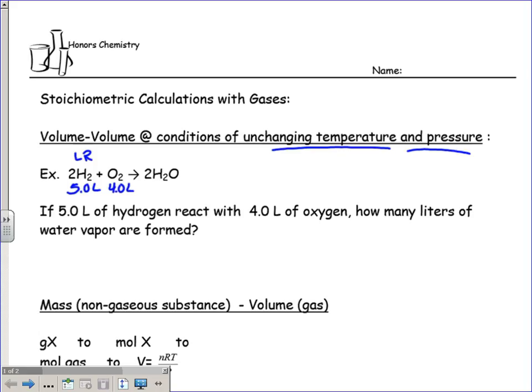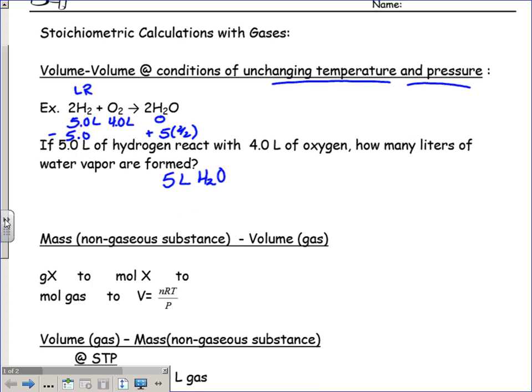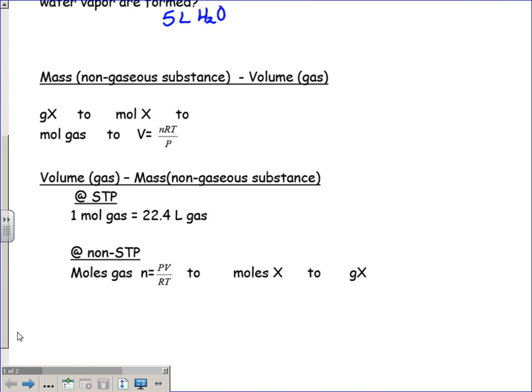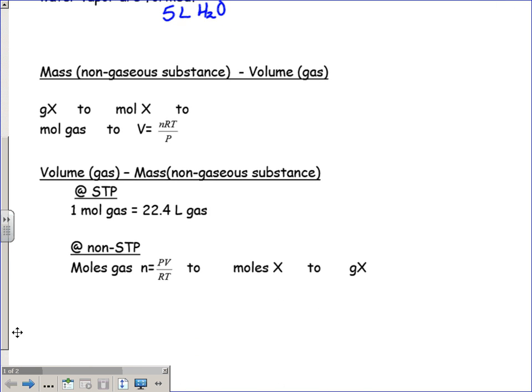Which means that this goes down by 5. And the water is going to go up by 5 times 2 over 2. Which is what? So we will be getting 5 liters of water from this reaction. That's as simple as it gets, and as I said, those are extremely rare circumstances.